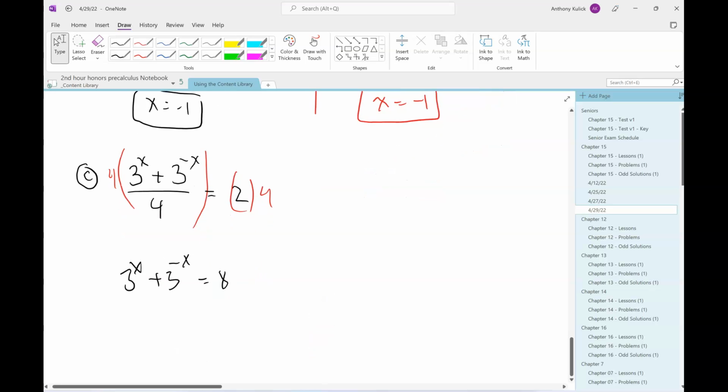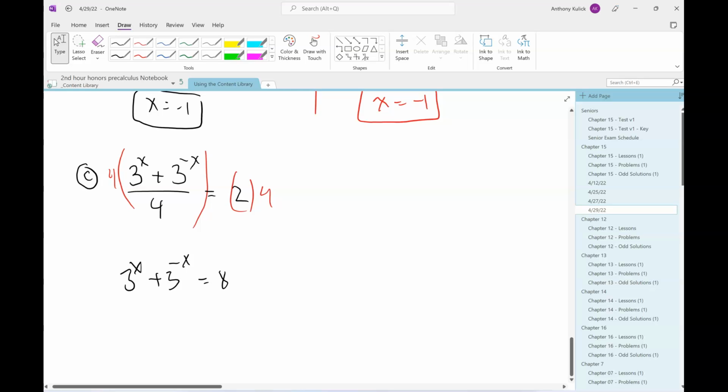Okay. Everybody cool there? Can I add 3 to the x and 3 to the negative x? No. Those are unlike terms. Why are they unlike? They're not identical, right? The exponent is different. Okay? Well, let's try to get rid of the negative exponent part.